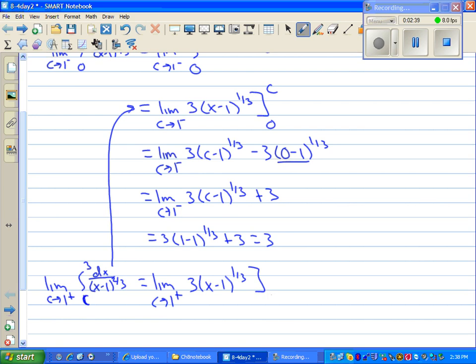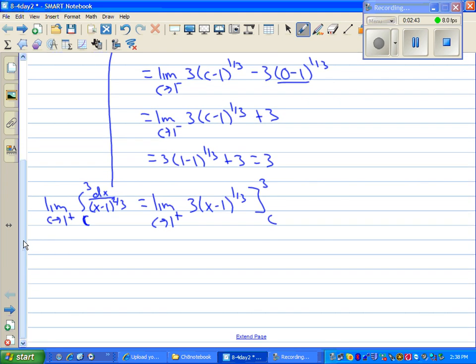So we have c to 3. And it's the c that's approaching 1 from the right. So we have the limit as c approaches 1 from the right of 3 times (3 minus 1) to the 1/3 minus 3 times (c minus 1) to the 1/3.